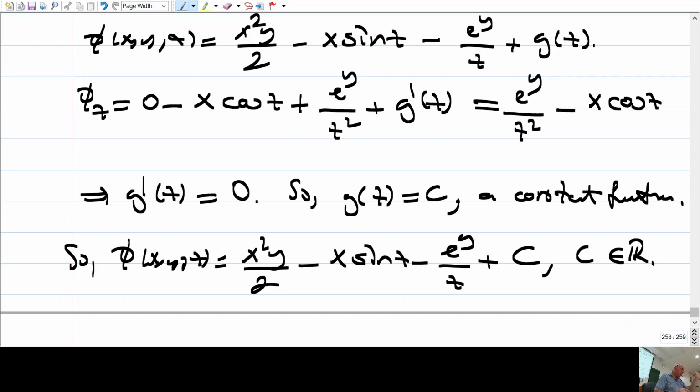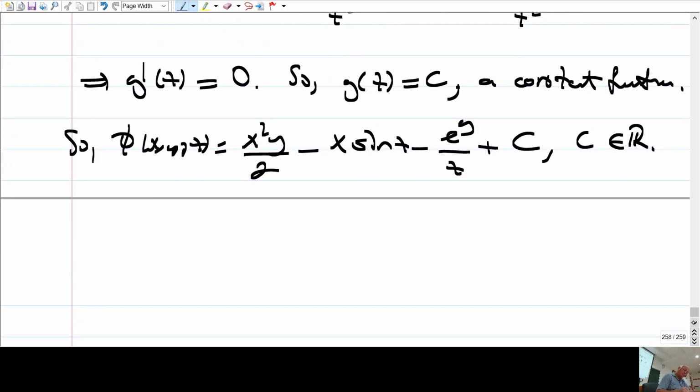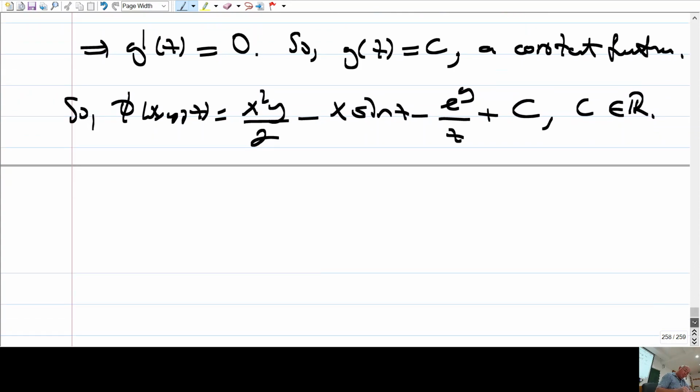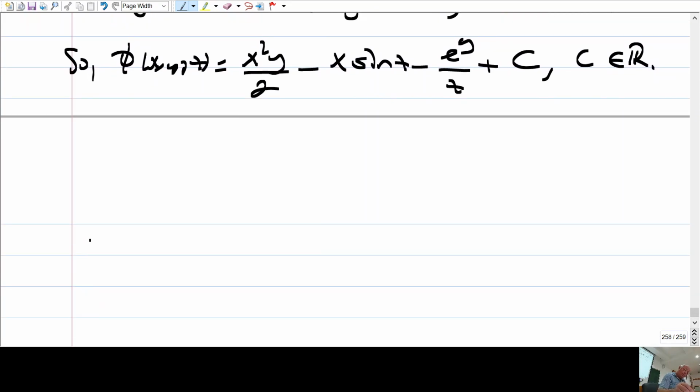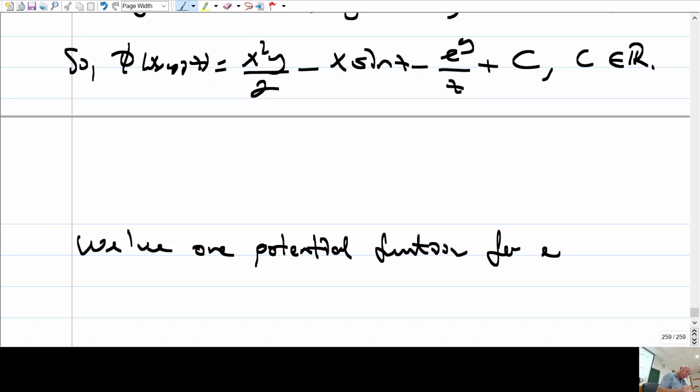Any c value gives you a potential. Okay? So we have infinitely many. We have one potential function for each c in R.